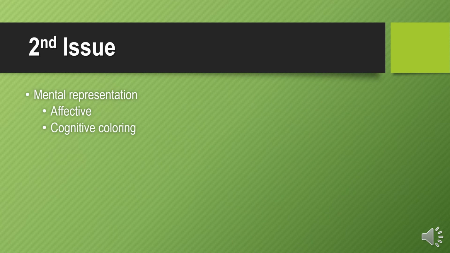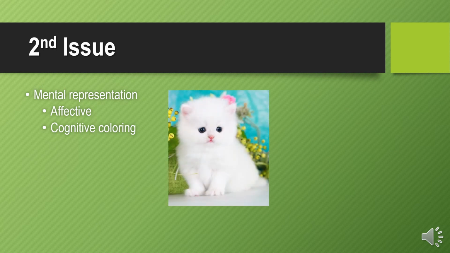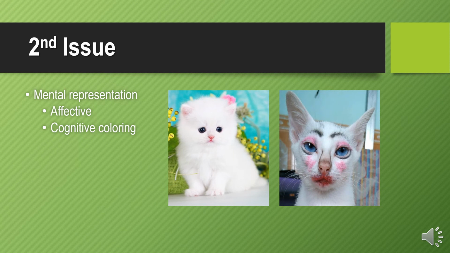Mental representation often involves affective and cognitive coloring. For example, those who love cats are more likely to have positive representations, whereas those who have bad experiences with them are more likely to create negative representations.